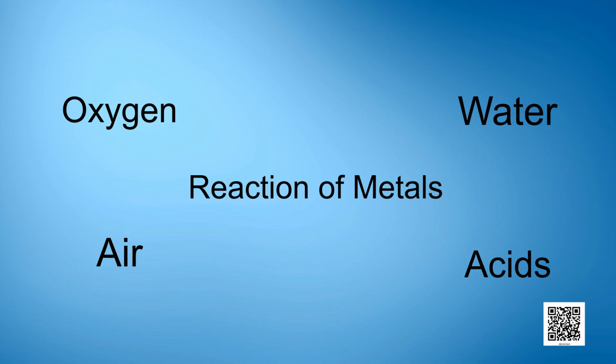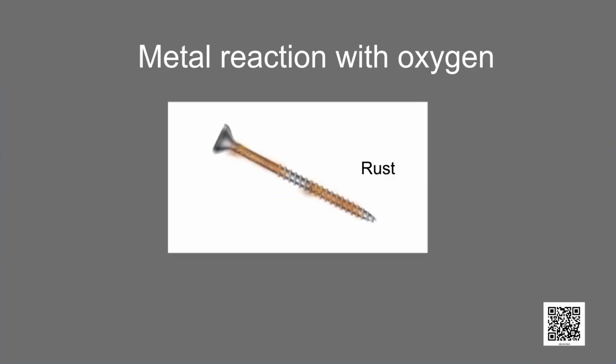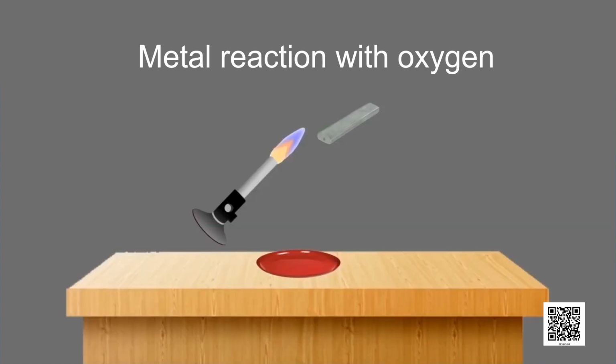When iron comes in contact with atmospheric oxygen and moisture, it becomes rusty. It means it converts into its oxide.